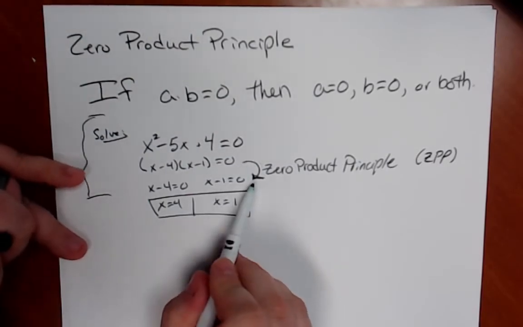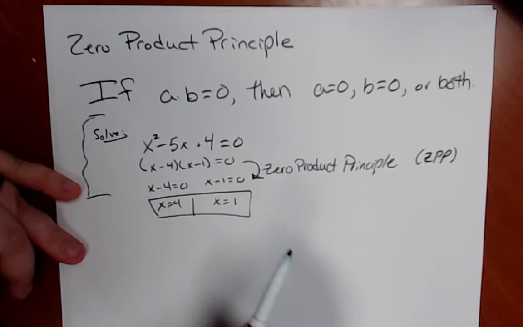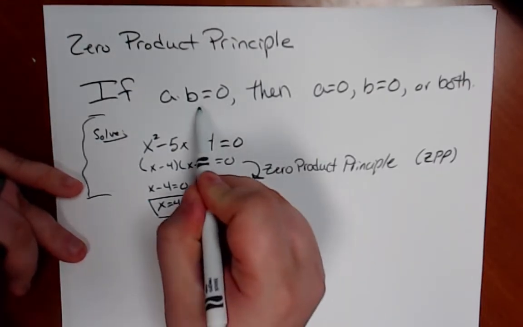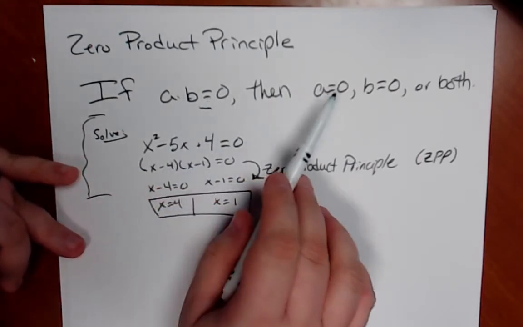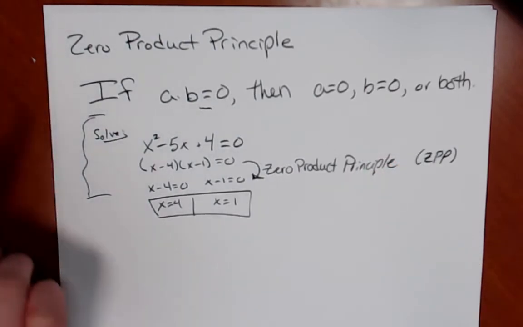We use the ZPP from here to here. And this, again, is a property of equality. If A times B equals 0, then one, the other, or both of them must be 0.